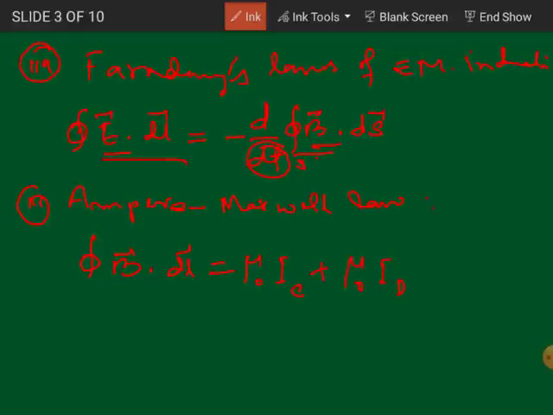What is this displacement current? Displacement current is that current which exists whenever there is a time rate of change of electric field.